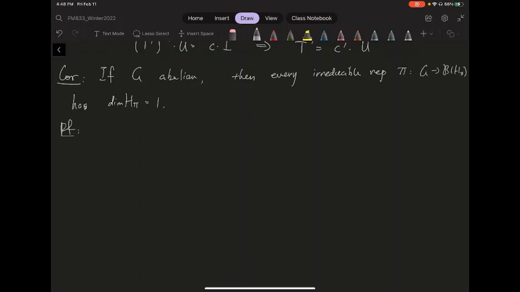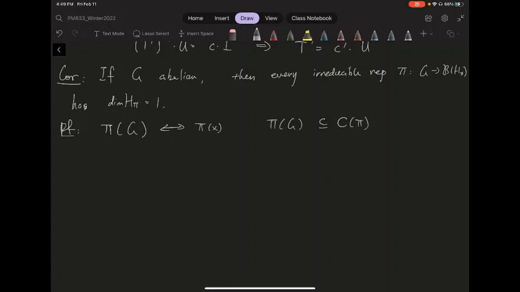Well, that's fairly simple once we have Schur's lemma. Because your G is abelian, if you think about what happens to this range pi of G, pi of G is going to commute with all the pi x, okay, all the pi x. So in other words, all of these pi of x, or pi of G, are going to be contained in this C of pi, okay?